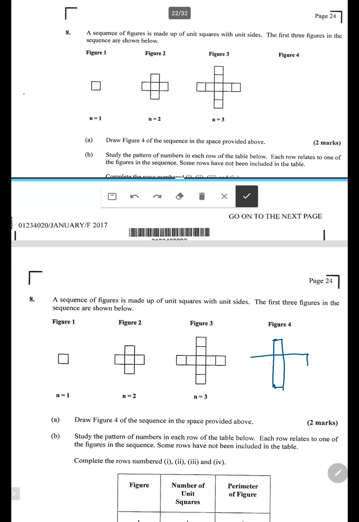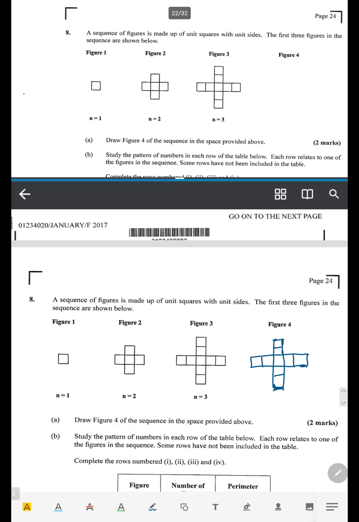I waste time drawing with a ruler, but see, I'm drawing freehand. You can draw freehand in the exam as well, just like that. You're not getting any marks for aesthetics on these questions. And then now for the 4th diagram we need to put on the additional square. Let's draw the additional one back in the purple.